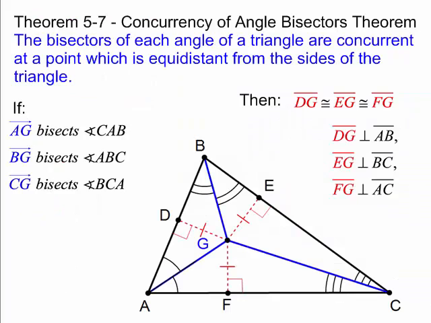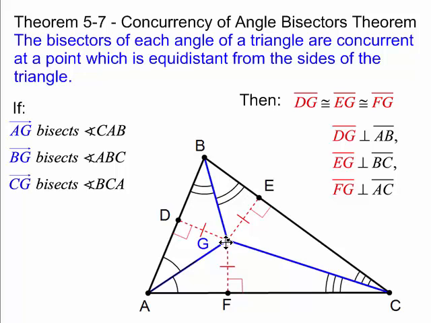Okay, now we have the concurrency of angle bisectors theorem, and that's just saying that if you draw an angle bisector from each angle of the triangle, here's another one, and there's another one, where they meet, that point of concurrency, we're going to refer to that as the incenter.